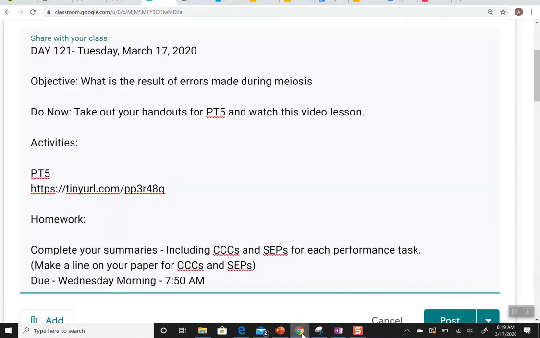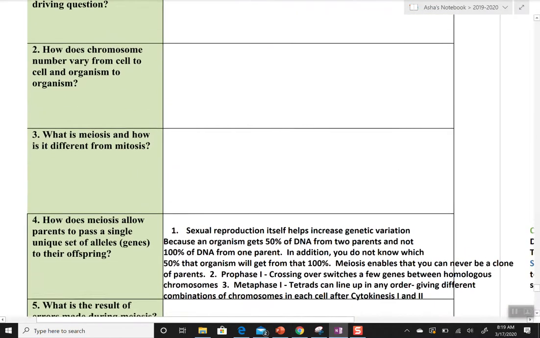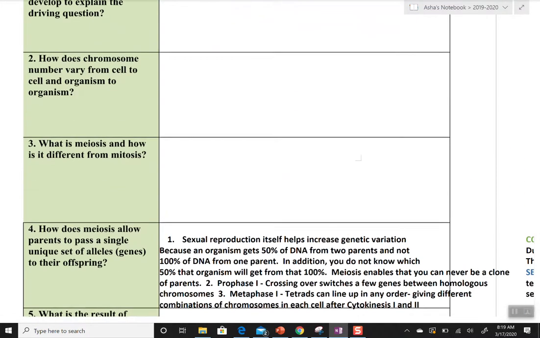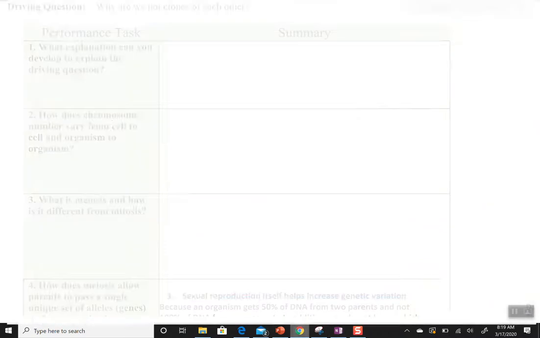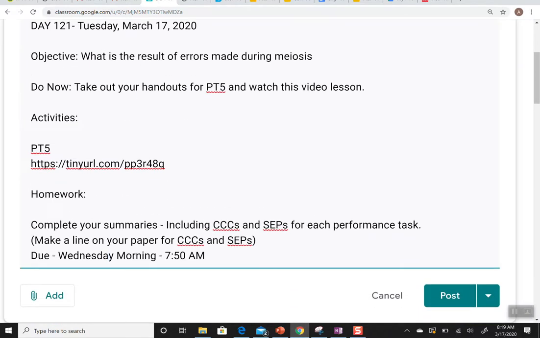So what I would want you to do is handwrite your performance tasks and your summaries. I need this to be handwritten. You guys have this handout already. I want to make sure that it is handwritten and not typed up, and I want you to take a picture of that and upload it onto the Google assignment that you're going to see posted on the stream, because I don't want this online learning to become a scenario where we end up copying and pasting from our peers, and then it's an easy grade for us.